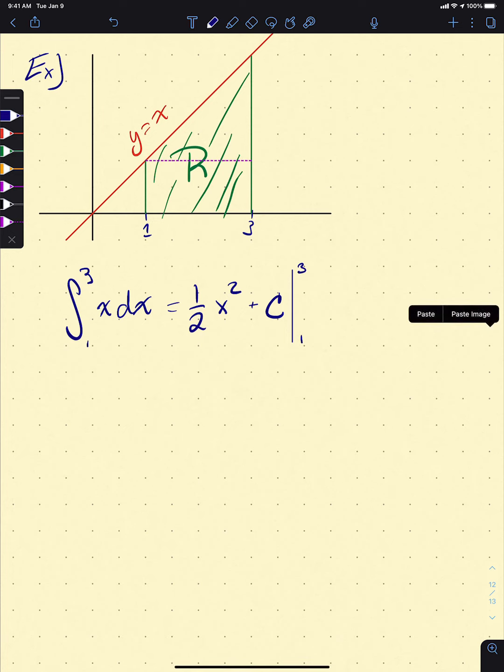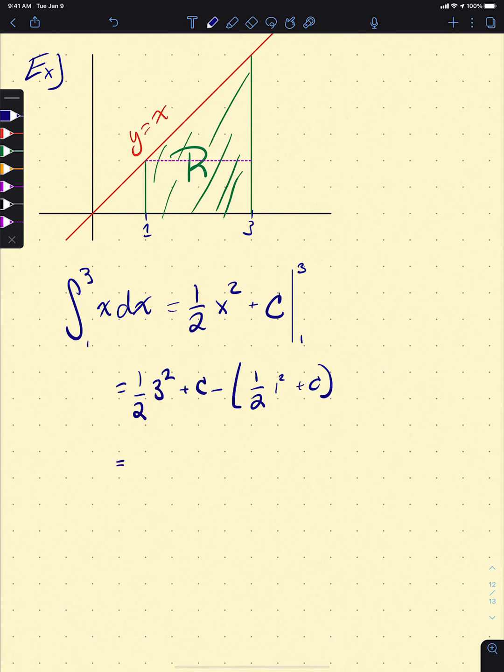So everywhere we see an x, first we plug in a 3, so it's going to be 1/2 times 3 squared plus c, minus, and it's important to remember that we're subtracting this whole expression, 1/2 times 1 squared plus c. So this looks like it's going to be 9/2 plus c minus 1/2 minus c, which is 8/2 or 4, right?